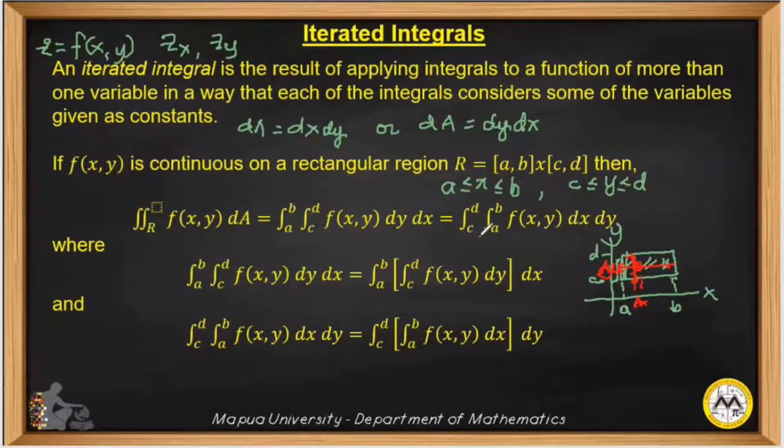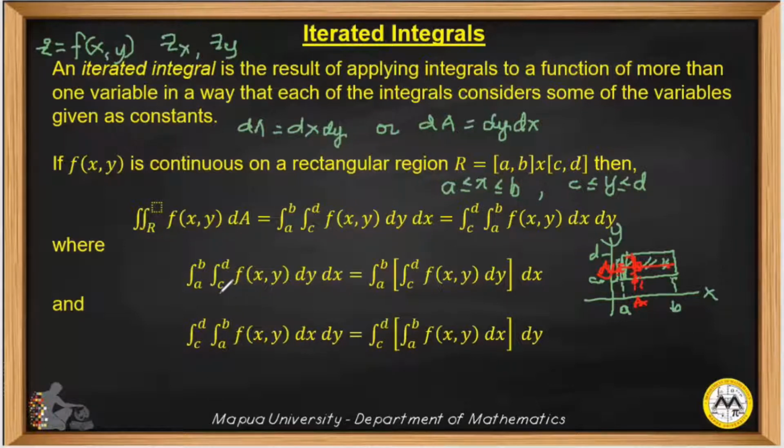And it is also equal to the double integral of f of xy dx dy, reversing the order, where the inner integral is in x, x goes from a to b, and y goes from c to d.